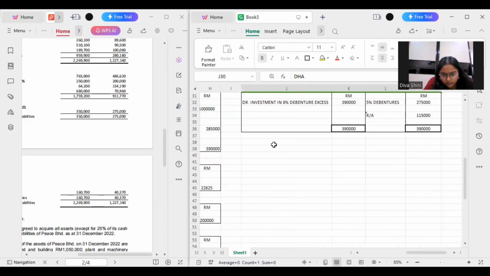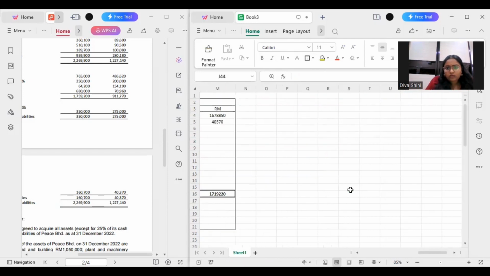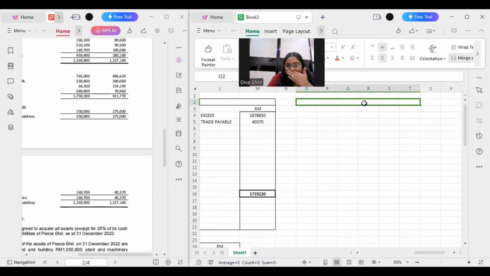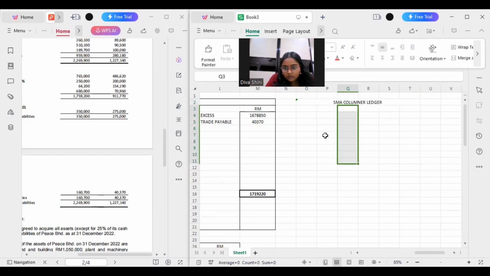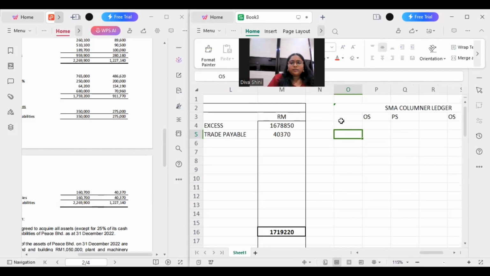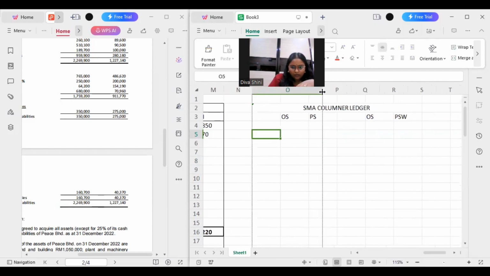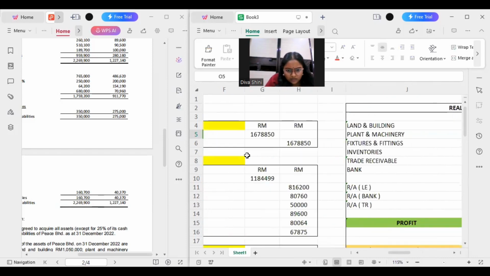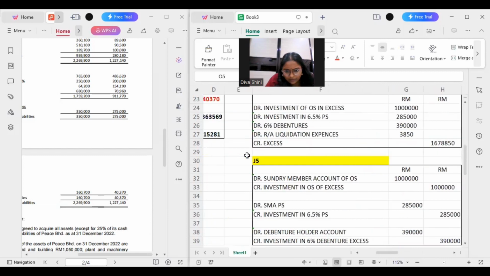Okay, I'm doing it down here. It's okay, I do it at the side. SME columnar ledger plus SP. So this is OS, yes. In the debit side of the SME columnar, we should add the investment in excess from journal 5.